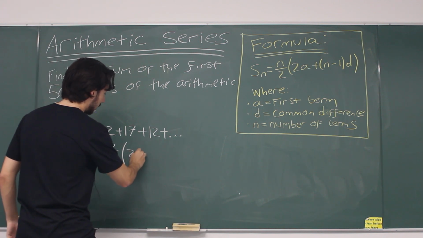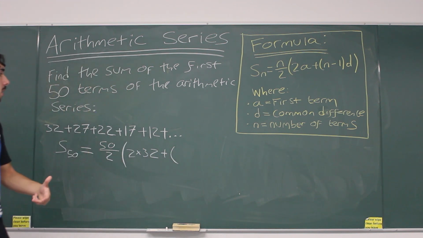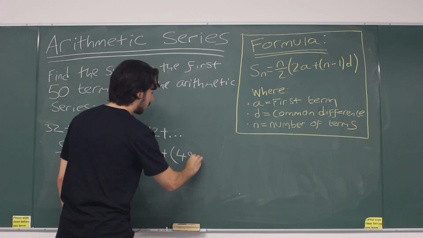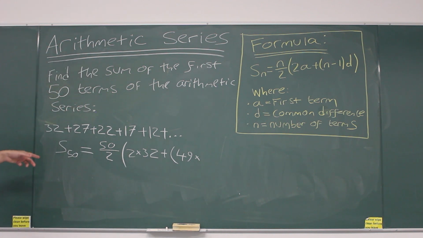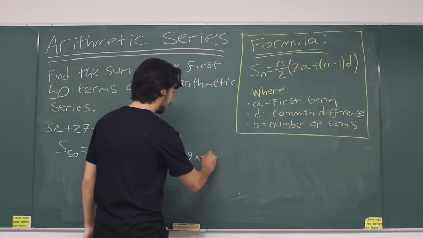So 2 times 32 plus n minus 1 lots of the common difference. So n minus 1 is 49. And the common difference is -5 because we're taking 5 away. Careful of that negative sign. So we're taking away 5, so the common difference is -5.